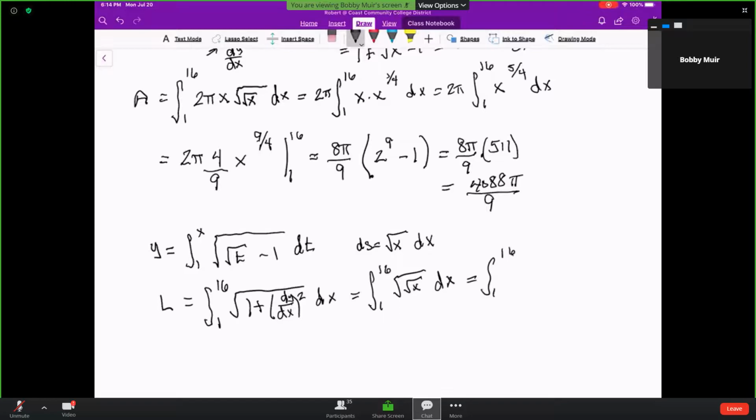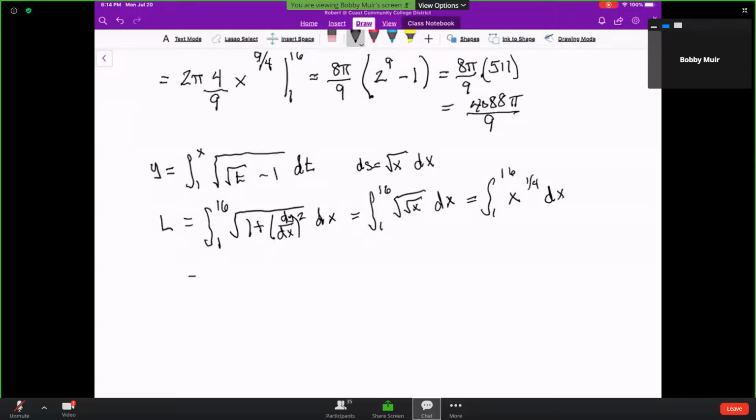1 to 16, x to the 1/4 dx. So this goes to x to the 5/4 divided by 5/4, evaluated at 1 and 16. So that's 4/5.